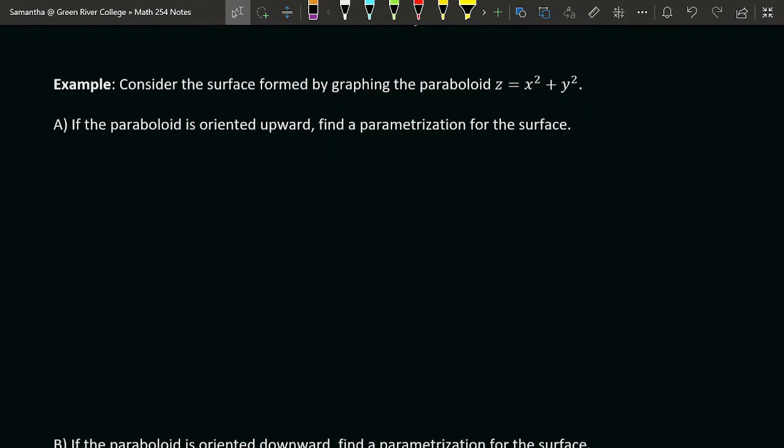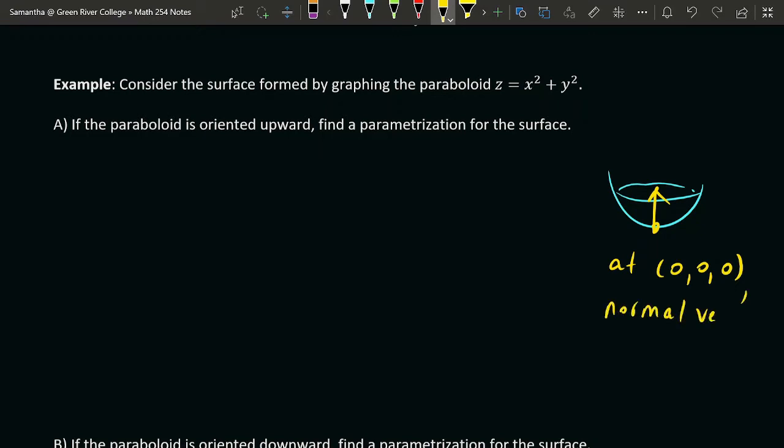So they say, okay, someone has come to me and they want this paraboloid to be oriented in the upward direction. So for example, at the location 0, 0, 0, at the bottom of this paraboloid, we want the normal vector to point up.